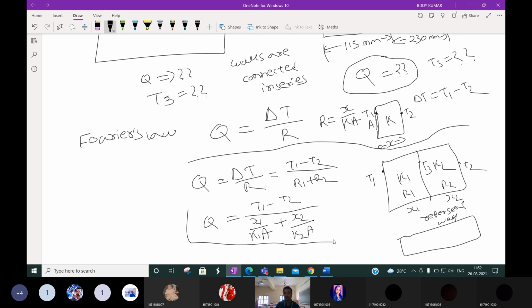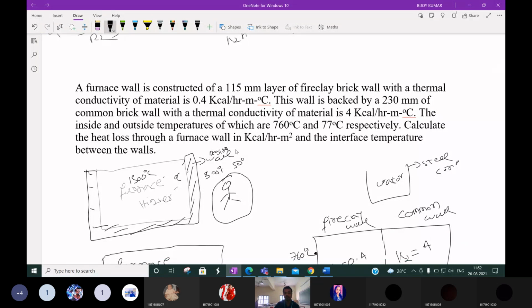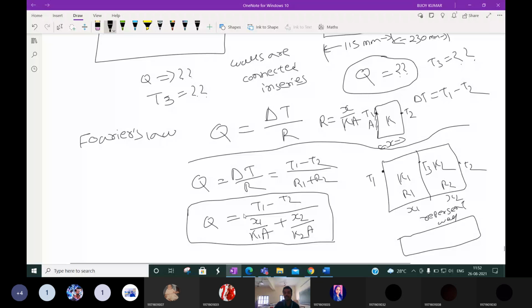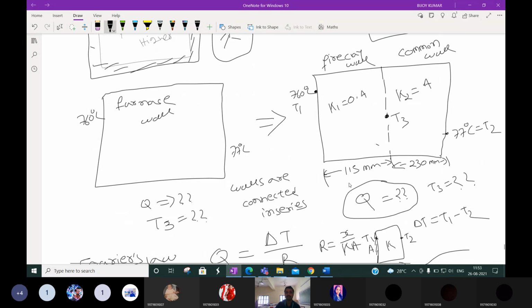First question is to find the rate of heat transfer. Calculate the rate of heat loss through the furnace wall. All the data is given. T1 is given, T2 is given, K1 is given. Let me write it.